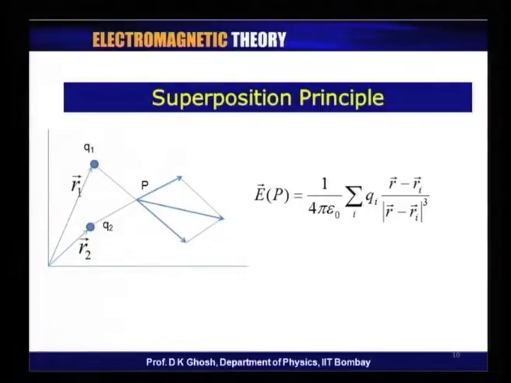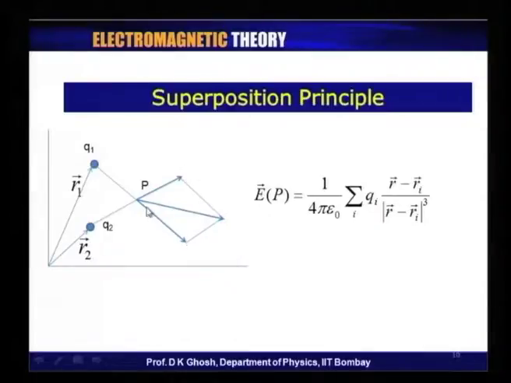Now, notice that electric field is a vector. So the charge q1 gives rise to a field which is directed like this along the line joining P and q1, and it has some magnitude. Similarly, the charge q2 gives rise to an electric field at P which is directed like this.